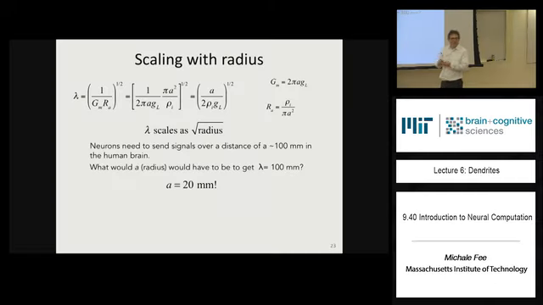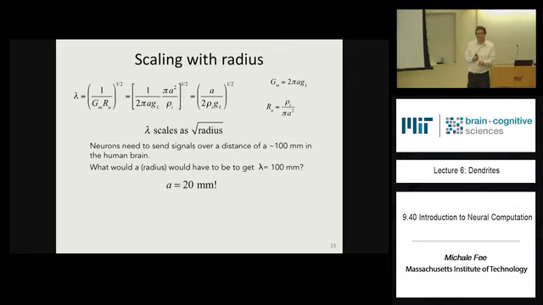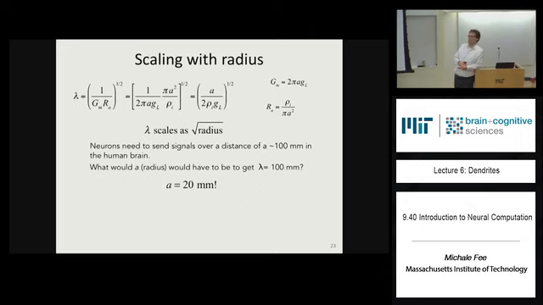So you can make signals propagate further by making dendrites bigger, but it only goes as the square root. It's like diffusion, right? It increases very slowly. So in order to get a signal from one side of your brain to the other with the same kind of membrane, your dendrite would have to be 4 centimeters in diameter.